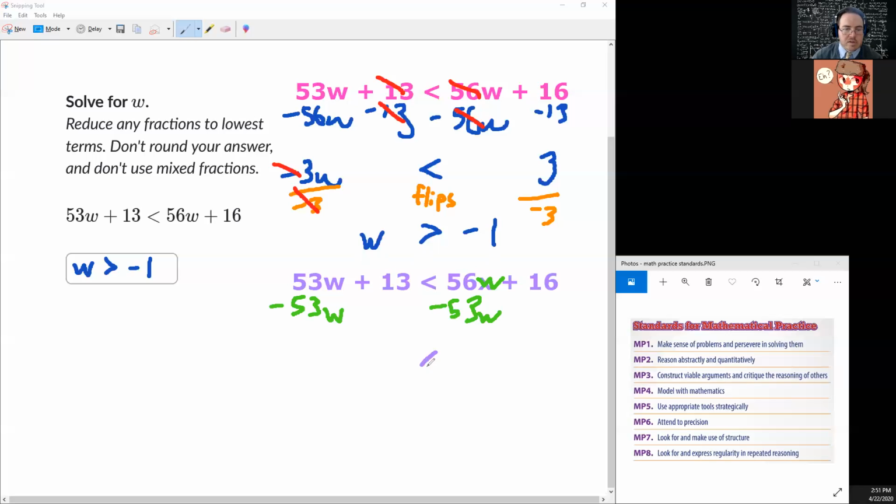So 53 minus 53 is nothing. So 56W minus 53W would be 3W.